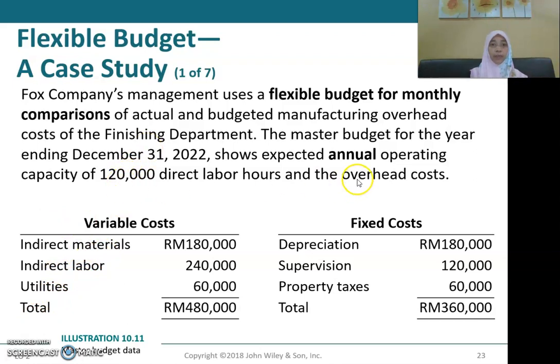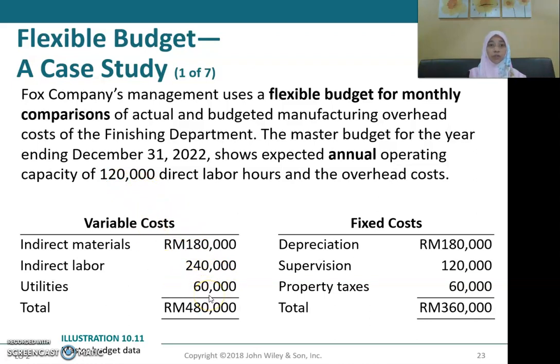And that information is for the annual operating capacity, and that is for 120,000 direct labor hours. So you have to work out how much is the per direct labor hour. Per direct labor hour, that will be 180,000 divided by 120,000. For your indirect labor, that will be 240,000 divided by 120,000.